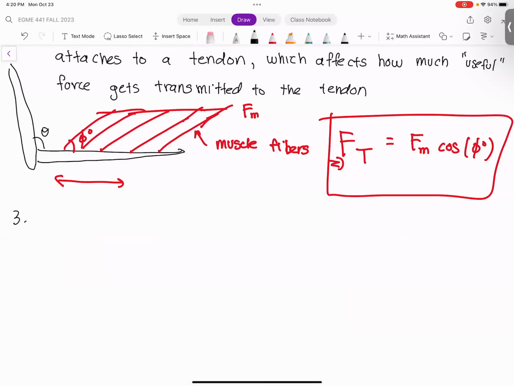All right, 3. This will affect a few different curves actually. And so 3 here is what we define as the maximum isometric muscle force.